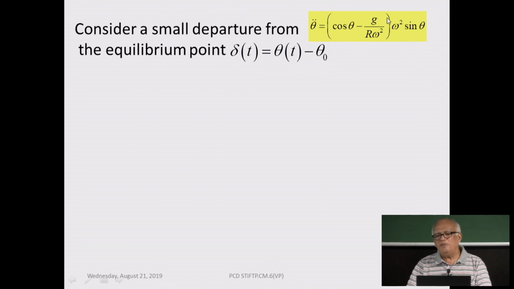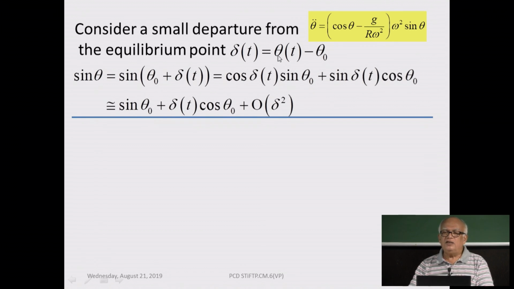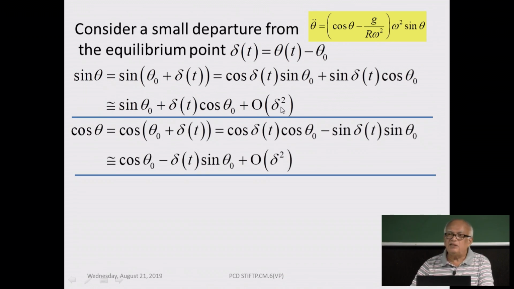So, let us ask what happens to this condition that you get from Lagrange's equation for the neighboring point, and of course you need the sine of the angle, you also need the cosine of the angle. So, you determine sine of the angle at this neighboring point and you get a term which is quadratic in delta, which you can ignore to first order, right. You have a similar expansion for the cosine for the neighboring point, and you put the two together because actually what you have in this equation is a product of cosine theta and sine theta.